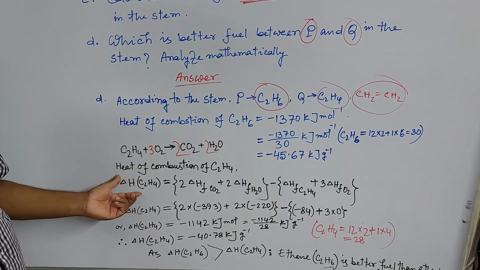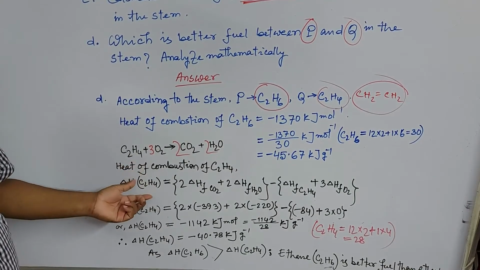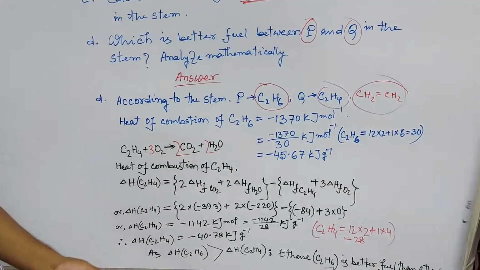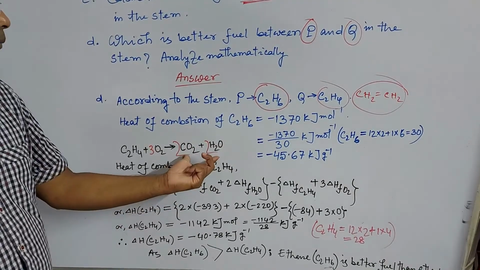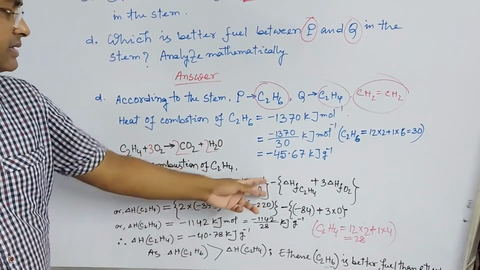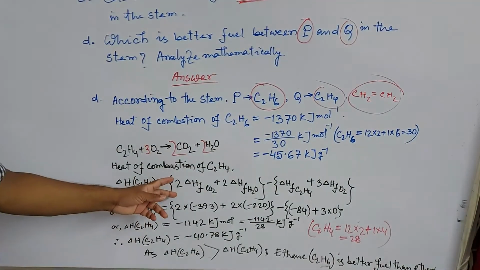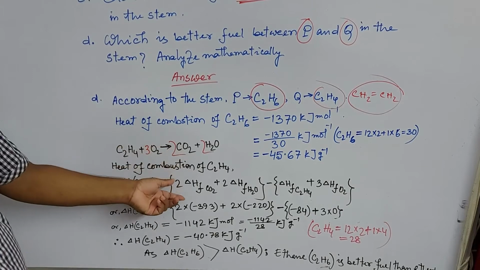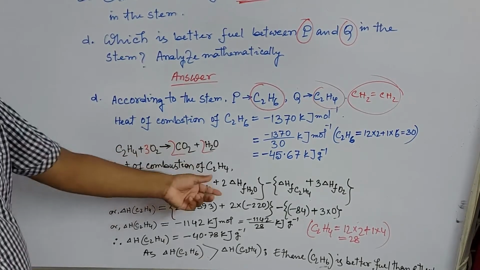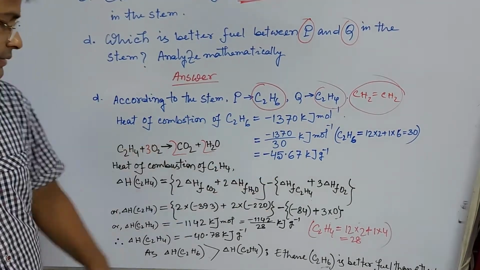So delta H of C2H4, the heat of combustion of ethene, equals the heat of formation of products minus the heat of formation of reactants. You have to write the coefficients of the products and also the reactants.